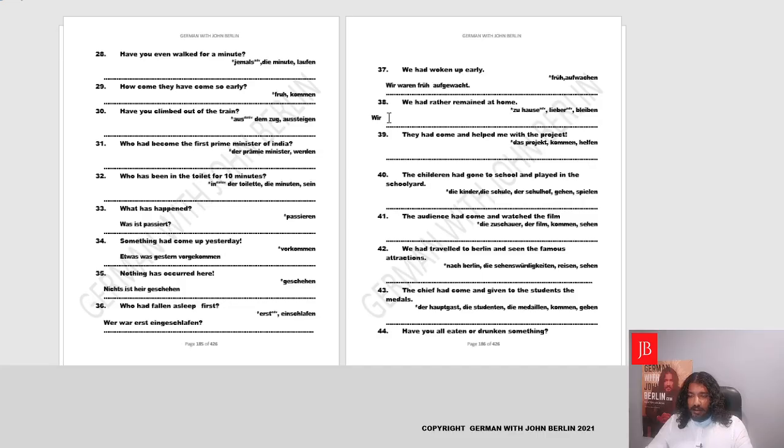We'll change it to waren and we'll conjugate for wir. Wir waren, rather is lieber. It's an adverb. Wir waren lieber zu Hause. Zu Hause is at home. And to remain, we'll add a ge to bleiben. We had rather remained at home. Wir waren lieber zu Hause geblieben, not gebleiben, geblieben. Yes, ei changes to ie.